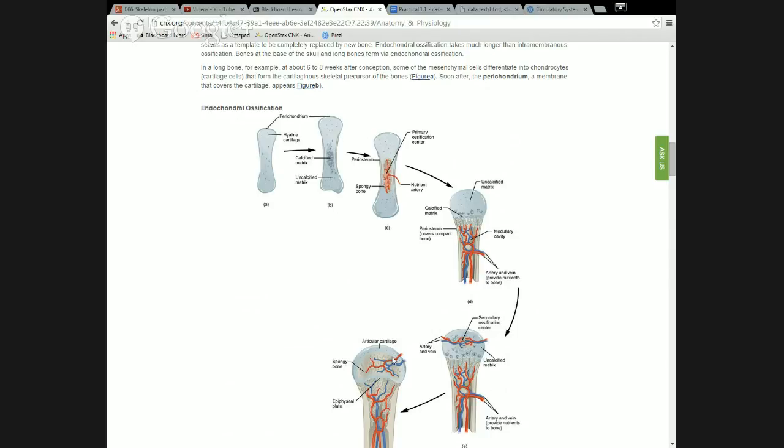For all other bones, short bones, flat bones besides the ones in the skull, irregular bones, they all grow from one ossification center, like the epiphysis in this picture, and then it grows out from there. But all of those start out as cartilage, and then they calcify into bone through a process like this.